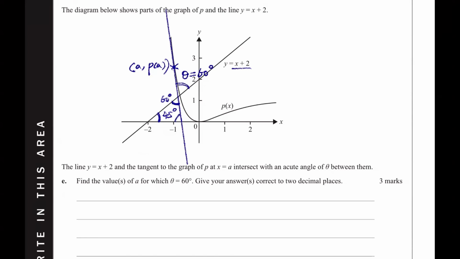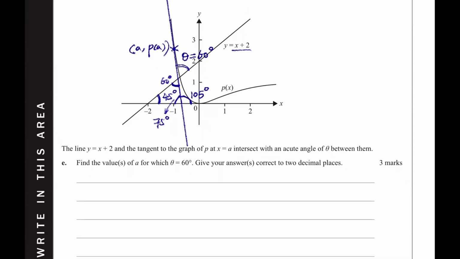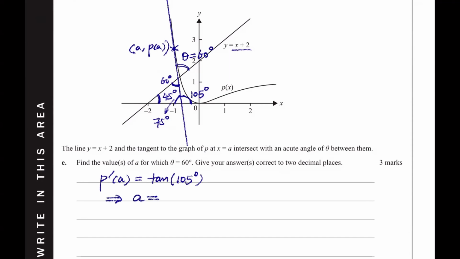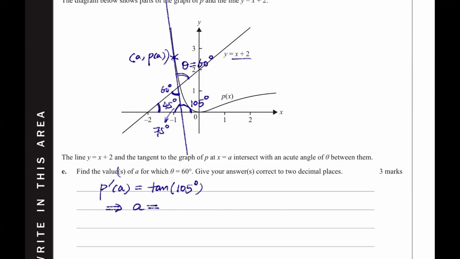That means that this angle has to be 75 degrees. So the gradient of this line must be tangent 105 degrees or negative 75 degrees, okay? So one possibility is P dash of a equals tangent 105 degrees, okay? And we can solve for the value of a.